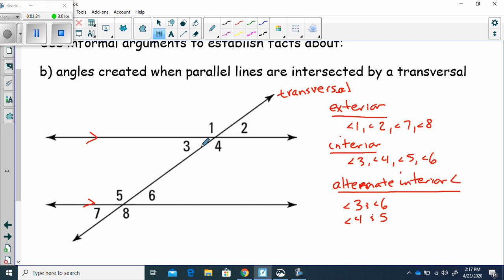And if we use a translation, if we were to translate this down here and rotate it around, you can do that with tracing paper, you would realize that angle 3 and angle 6 are congruent. They would map on top of each other.